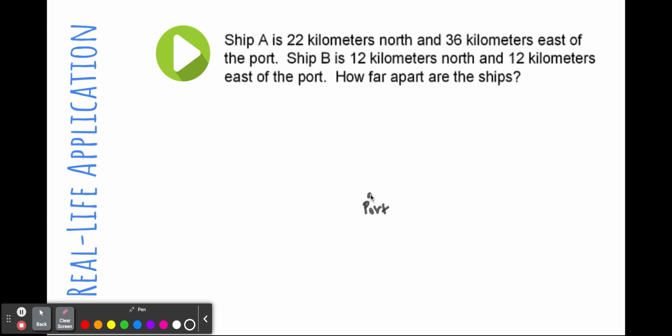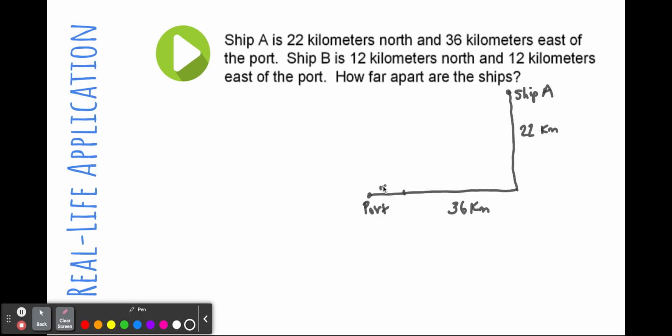Okay, so let's call this distance 36 kilometers, and this will be our 22 kilometers north, and so this will be ship A, located at this dot, and we'll say this whole thing is 22 kilometers. All right, so ship B, we would say 12, and let's just maybe take it to right here.